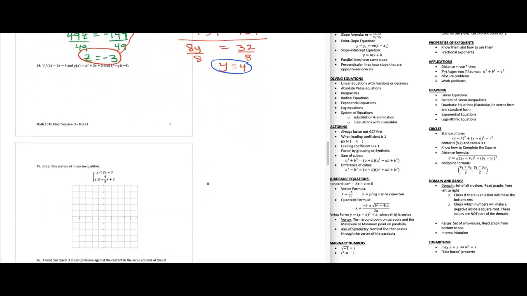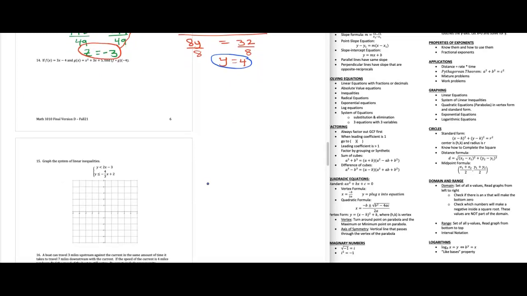Okay. Well, let's go to this next one then. This one's saying if f of x equals 3x minus 4 and g of x is x squared plus 3x plus 5, find f of g of negative 4. So again, this is something that was in the very last chapter.